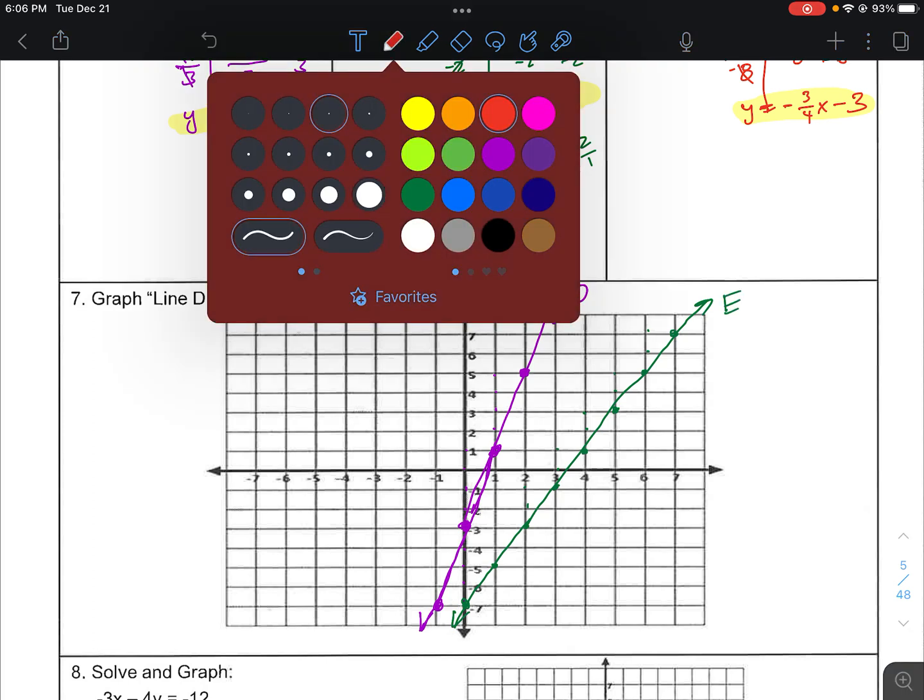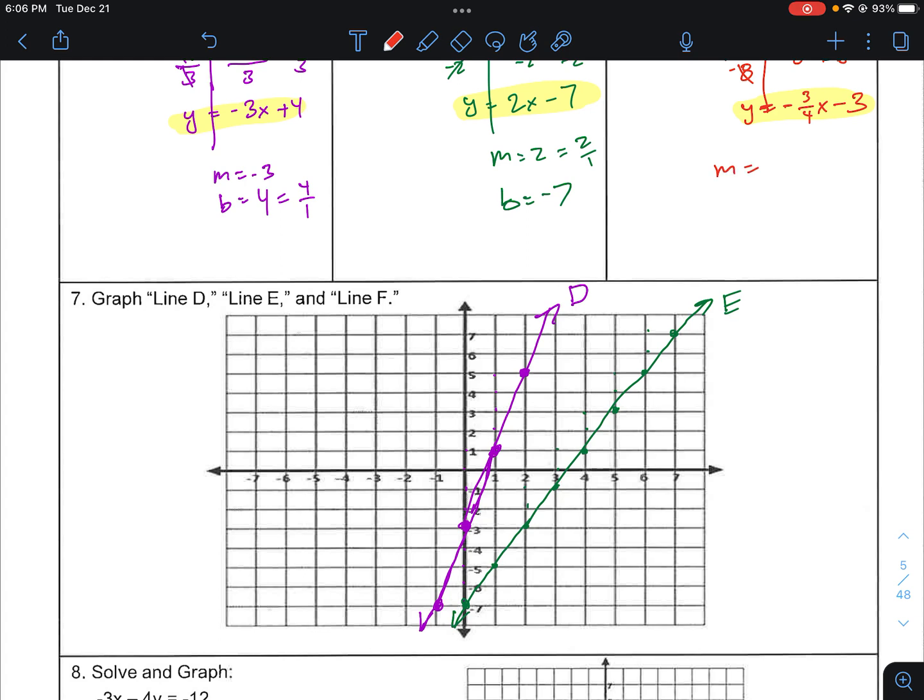Let's go ahead and do line F now. Our slope is negative 3 over 4, and our y-intercept is negative 3. So we start off at negative 3. Oh, look at that, they cross paths. Slope of negative 3 over 4 is rise over run. Rise is negative 3: 1, 2, 3. Run is 4: 1, 2, 3, 4.